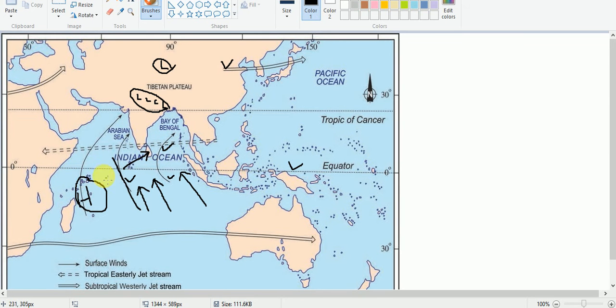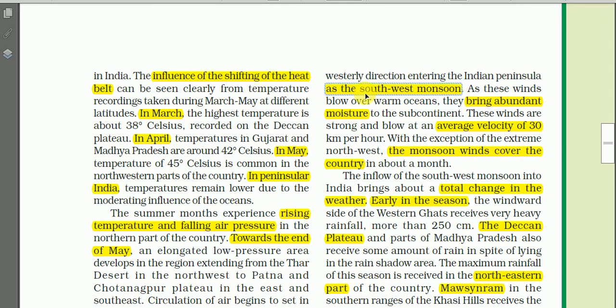Hence the direction of wind becomes southwesterly, and this wind is known as the southwest monsoon. That is what is mentioned in the book.